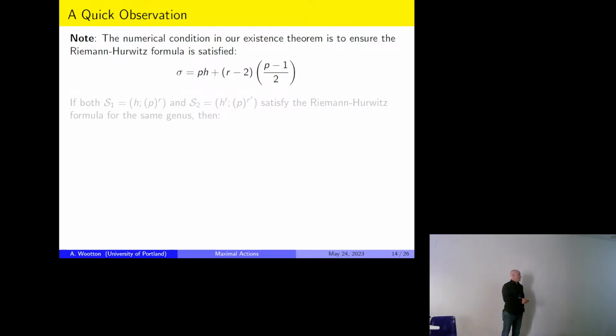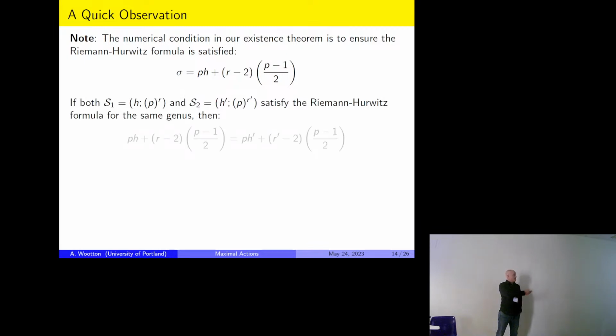Okay, so once again, that numerical condition comes from the Riemann-Hurwitz formula. And the nice thing about this is we can manipulate this, and it actually tells us every possible signature in a given genus with which a cyclic group of prime order can act. So specifically, if you have two different signatures, we can just set them equal to each other.